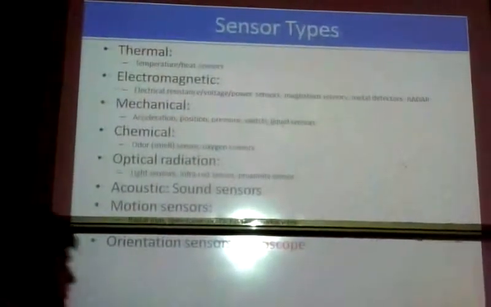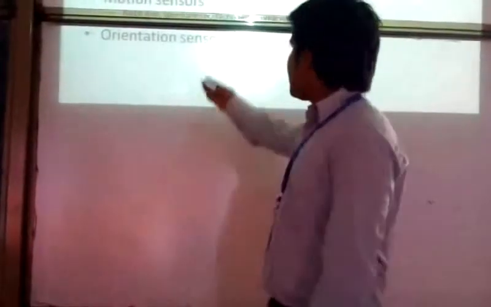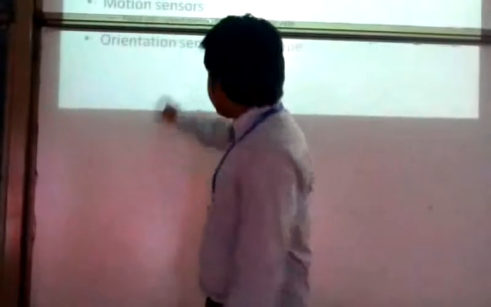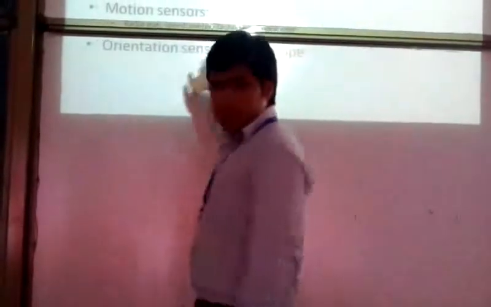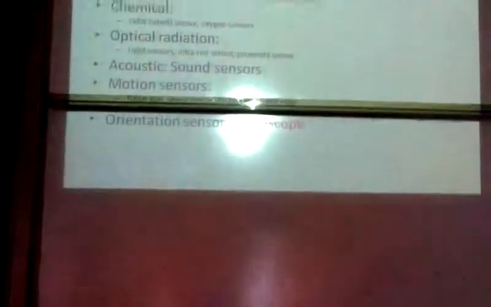These are the sensor types. The many types of sensors found in the world are thermal, electrical, electromechanical, chemical, optical, motion, and orientation sensors. The orientation sensor has a scope in which the angle sensor is found.